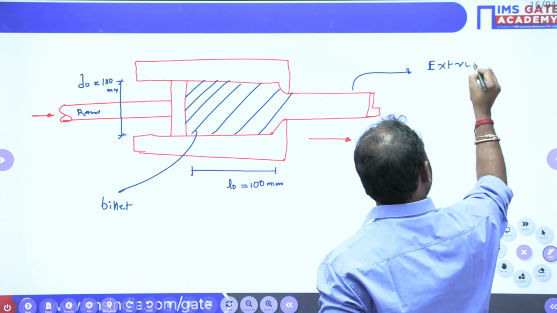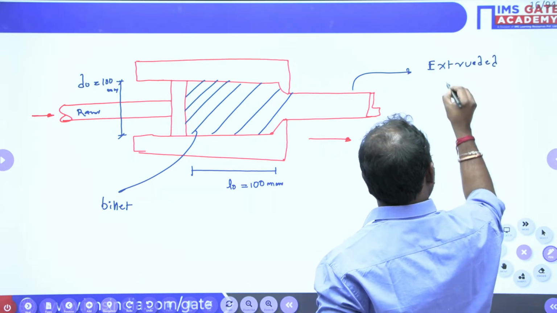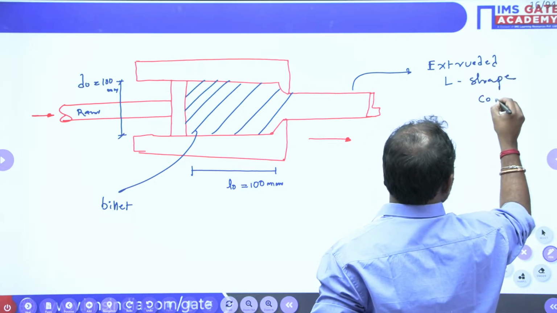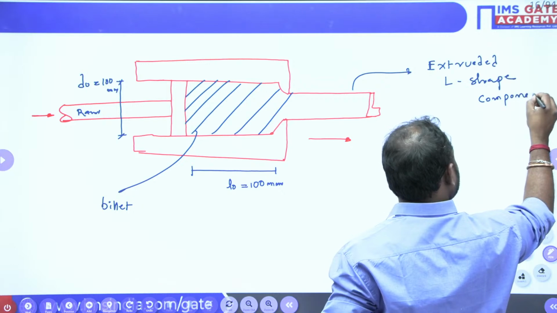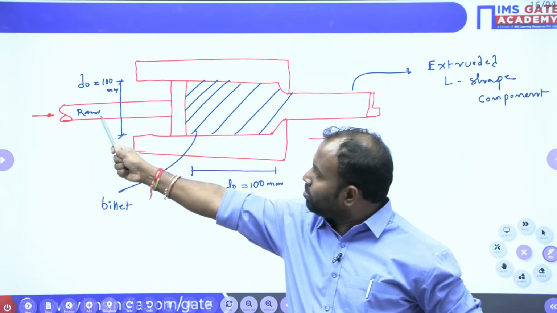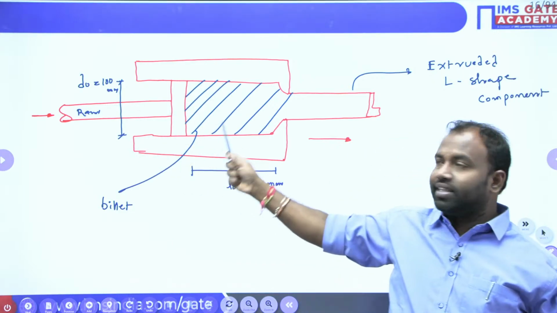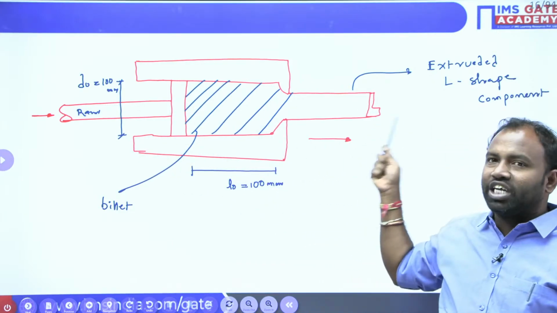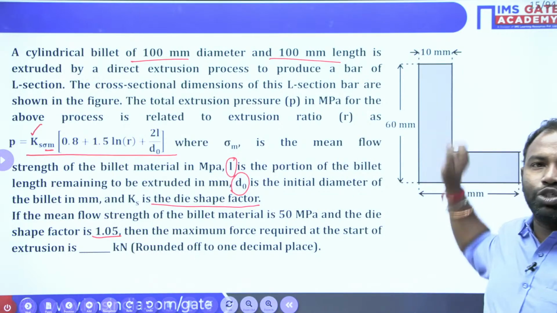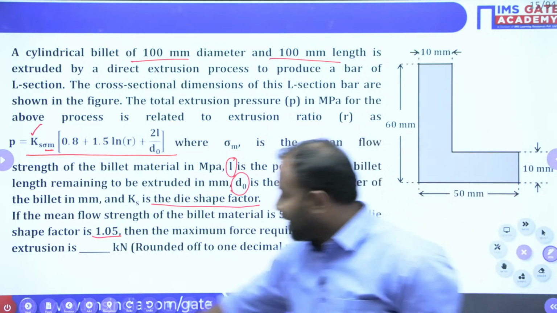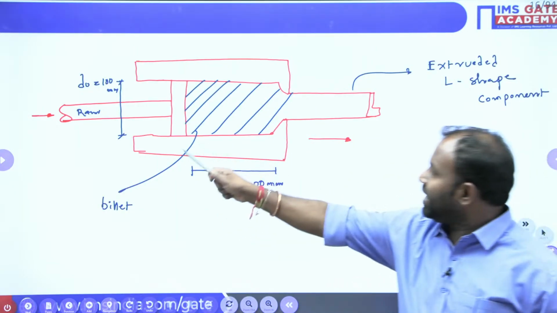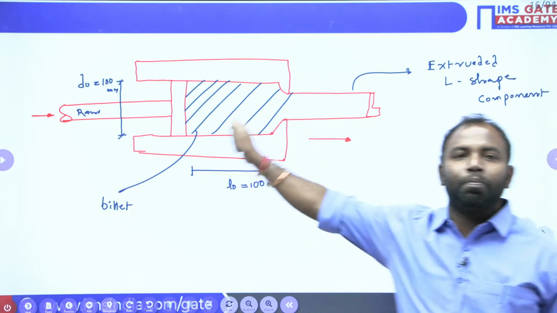If I apply force from the ram onto the billet, then the billet will take the L-shaped section shown in the figure. So this kind of object is going to be produced. This is called the direct extrusion process. Direct extrusion means the ram direction and the extruded component direction are the same.